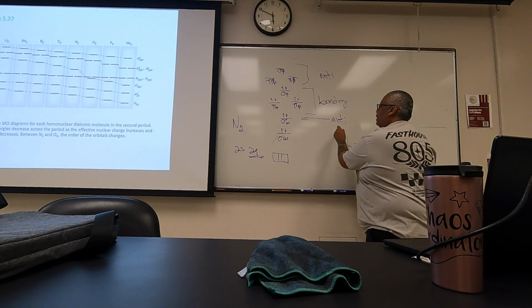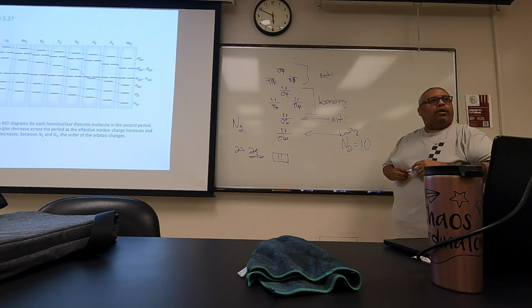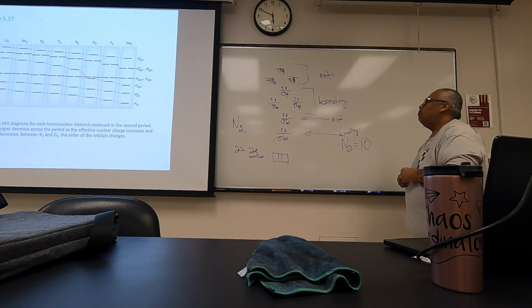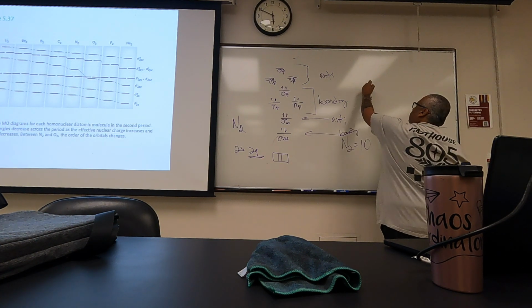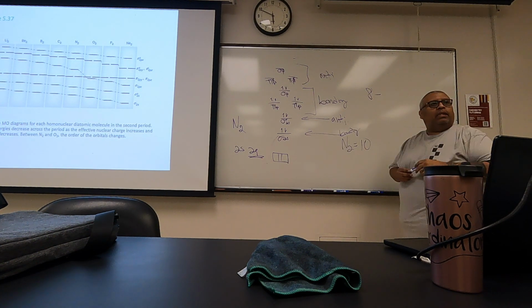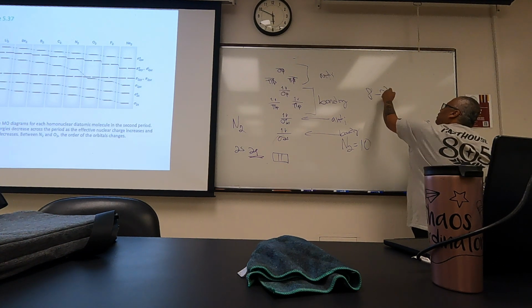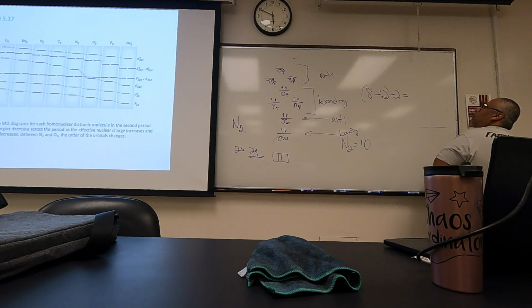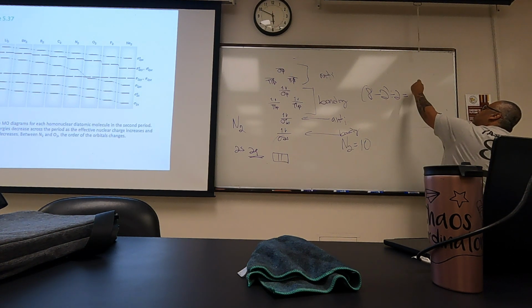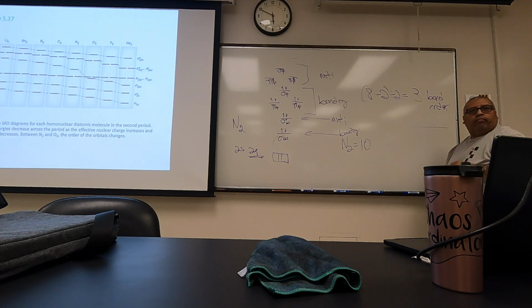So how many bonding electrons are there? 8. How many anti-bonding electrons are there? 2. And we divide this by 2, and what is our bond order? 3. So 3 is the bond order.